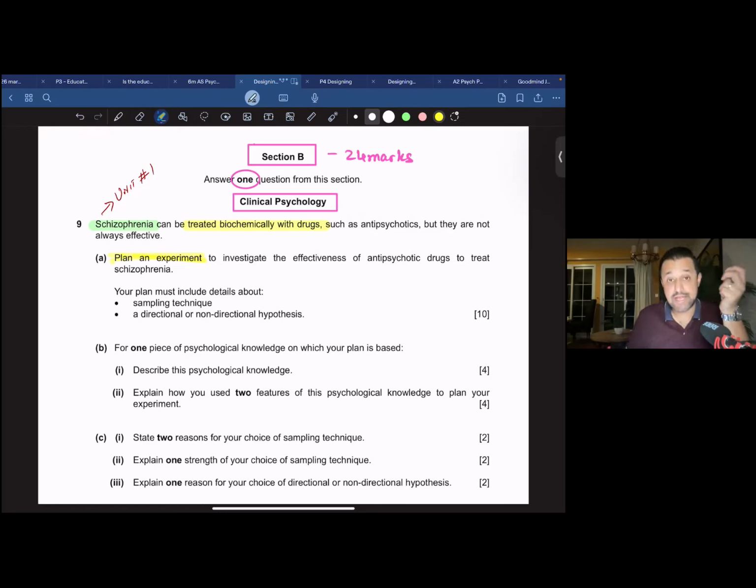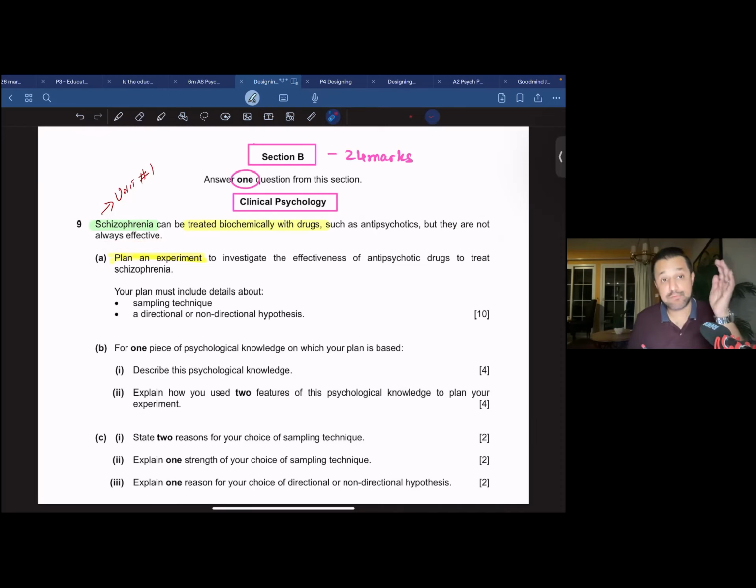So let's understand the statement first. The statement over here says schizophrenia can be treated biochemically with drugs, right? You could use biochemicals, drugs or medicines such as antipsychotics to treat schizophrenia. However, the examiner additionally puts it, but they're not always effective, right?